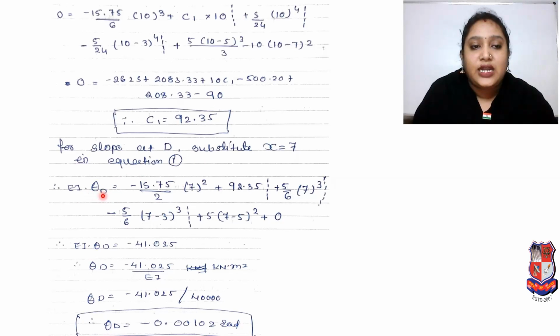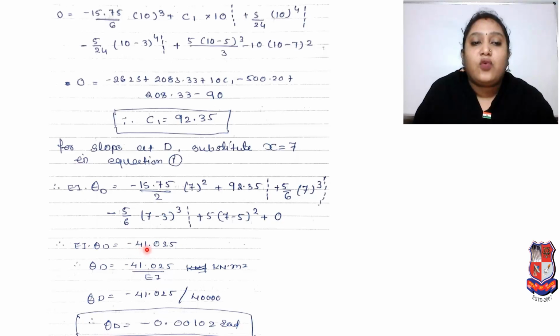So EI theta D is equal to minus 15.75 divided by 2 into 7 square plus 92.35 plus 5 by 6 in bracket 7 whole raised to 3 minus 5 by 6 in bracket 7 minus 3 whole raised to 3 plus 5 in bracket 7 minus 5 whole raised to 2 plus 0. If we simplify that, then EI theta D will be minus 41.025, but we are interested in finding slope at D, means theta D.